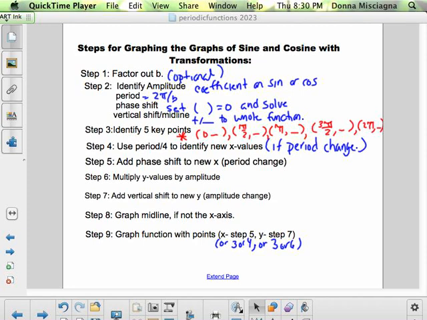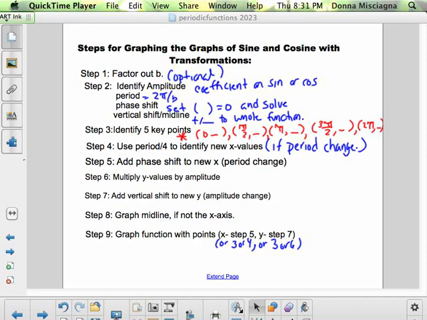All right, so when we're finding our values, we're going to transform the x values by replacing them with the period divided by 4, starting at 0, and then counting by the period divided by 4, if there's a period change. If there's no period change, obviously we wouldn't do that step. We're going to add the phase shift, add or subtract, depending on which way the graph is shifting, to the new x, the period change values.